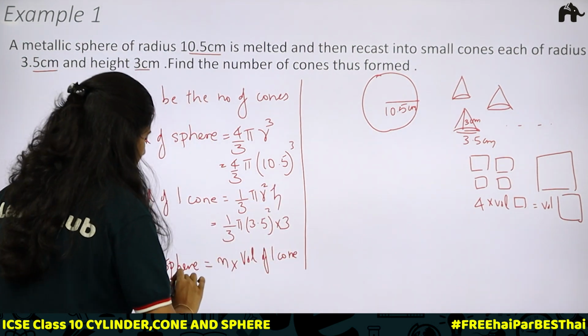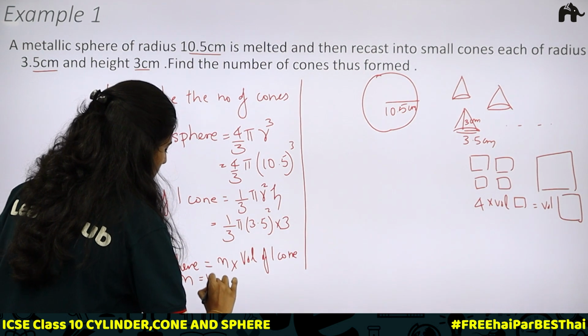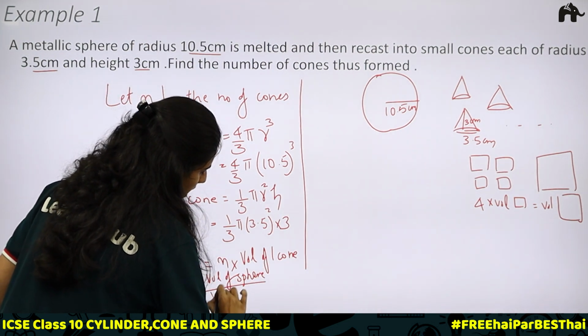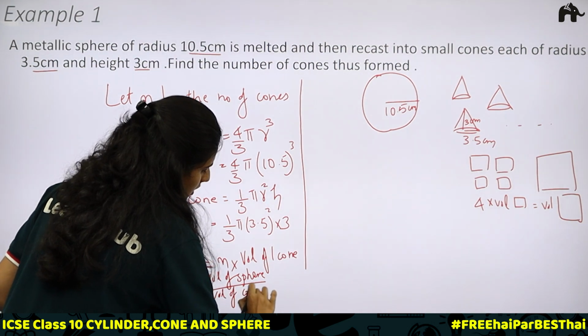Then what is n? n will be equal to volume of sphere divided by volume of cone.